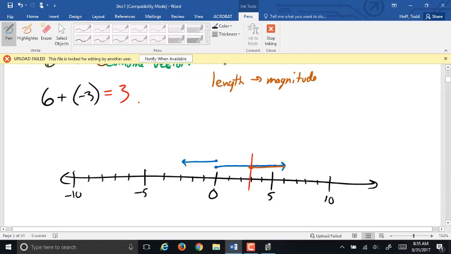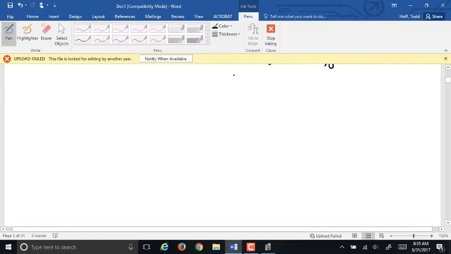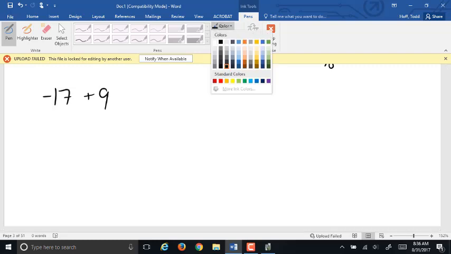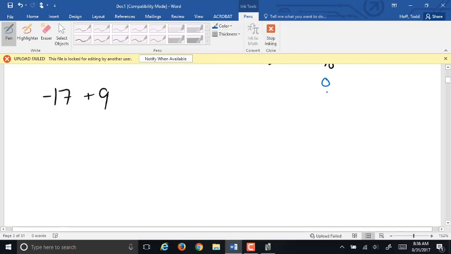Now, I don't expect you to draw out a number line every time we add integers, but I do keep that image in my head as I am working with integers. For example, I might have a negative 17 plus 9. What I am picturing in my head is here's 0. Negative 17 goes in the negative direction. Positive 9, since it's positive, goes in the opposite direction. Is the length of the 9 shorter or longer than the 17?